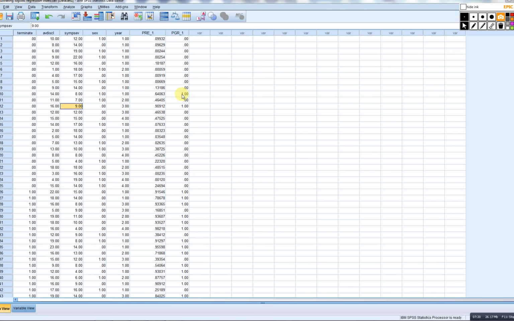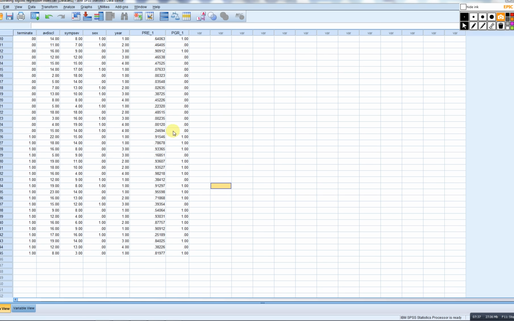But you also see that we have a number of individuals who were correctly classified. They were correctly predicted based on the model to fall into group 0. By the same token, if you look at the group coded 1, you can see that this person, this person, this person, all three of these individuals were correctly classified. You can see that this person right here was incorrectly classified based on the model.